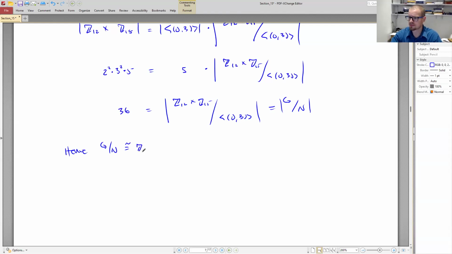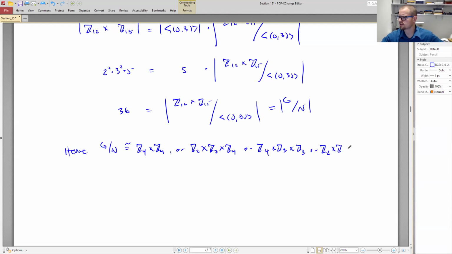So we have the possibility of Z4 direct product with Z9, or it could be isomorphic to Z2 direct product with Z2 direct product with Z9, or Z4 direct product with Z3 direct product with Z3, or our last possibility, all of those factors individually, Z2 direct product with Z2 direct product with Z3 direct product with Z3.